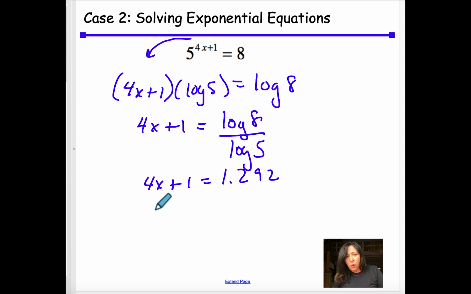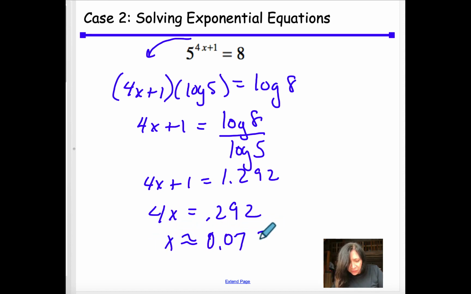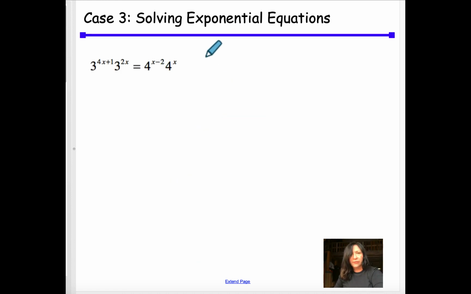I'm going to subtract 1. I get 4x is equal to 0.292. Then I'm going to divide by 4, and I get x is approximately 0.073, and that's my answer. Put your answer in a solution set. Verifying your answer, you're just going to plug this back in for x and then solve.